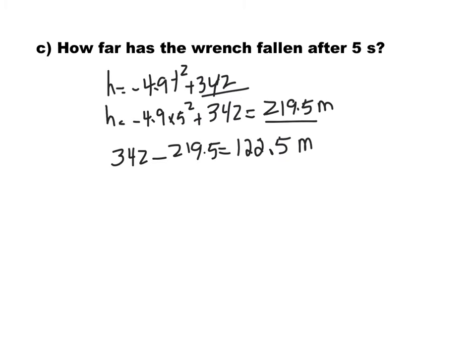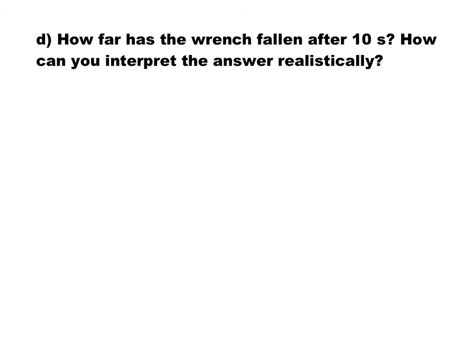So the wrench has fallen 122.5 meters after 5 seconds. The next part of the question says, how far has the wrench fallen after 10 seconds? And how can we interpret the answer realistically?